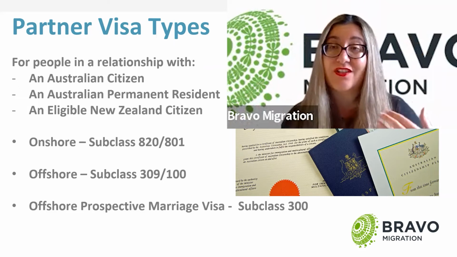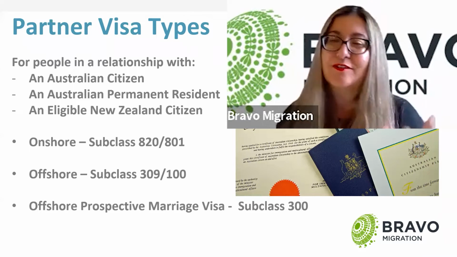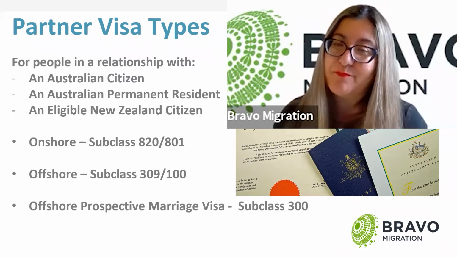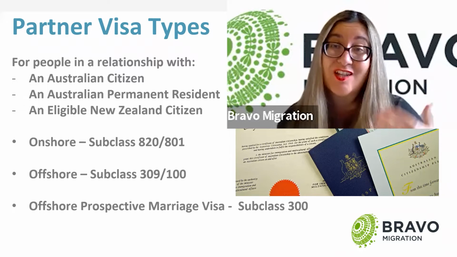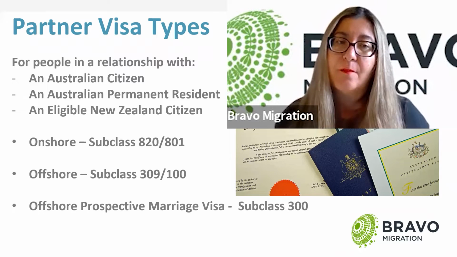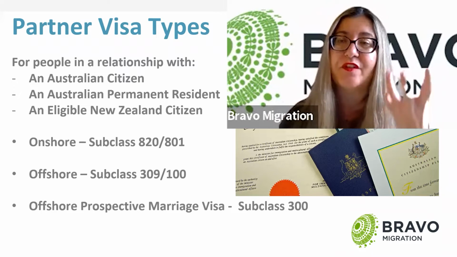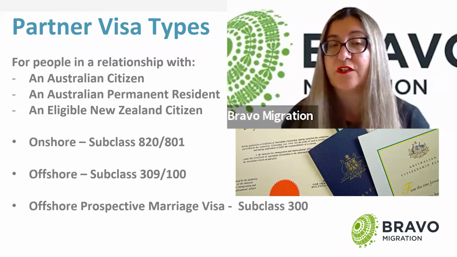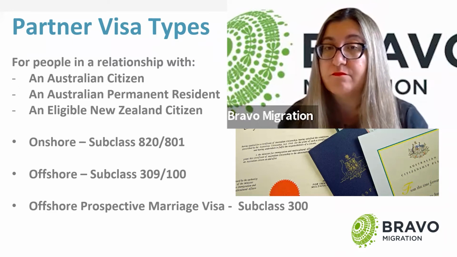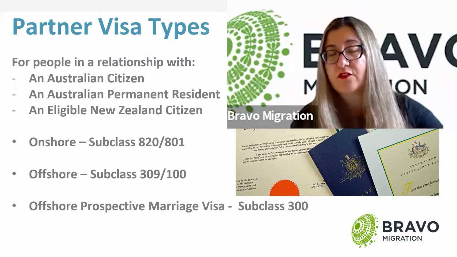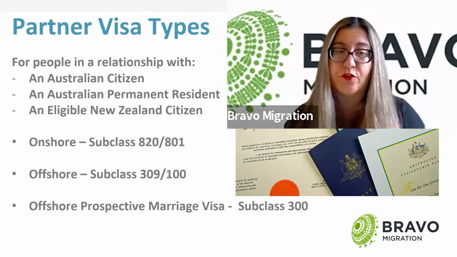People from New Zealand up until February 2001 had probably most of the same benefits that an Australian resident or citizen could have, and therefore they could sponsor people in this visa. But for people who moved to Australia after that, because there was a change in the benefits and in the agreement between Australia and New Zealand, those people who arrived after cannot sponsor people on partner visas anymore. There's another type of visa for that purpose, but the partner visa is not for them.